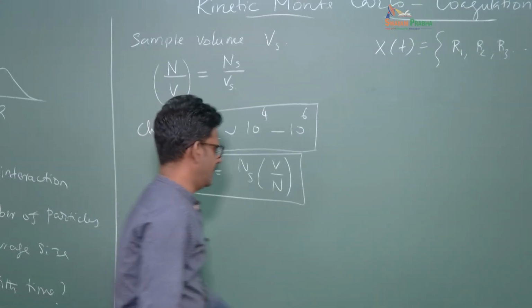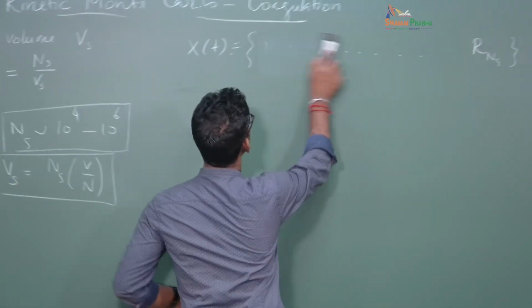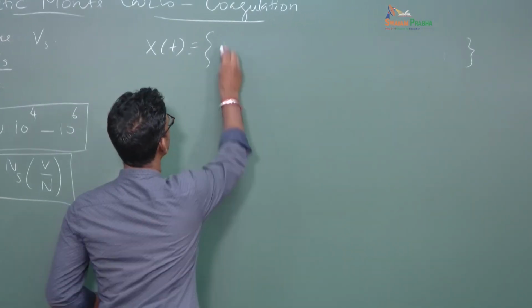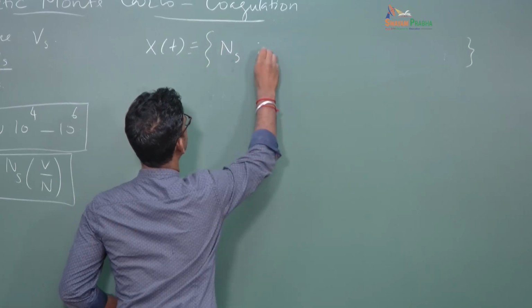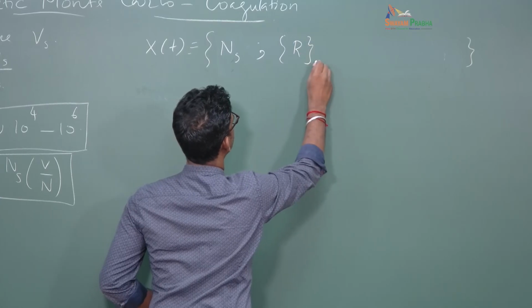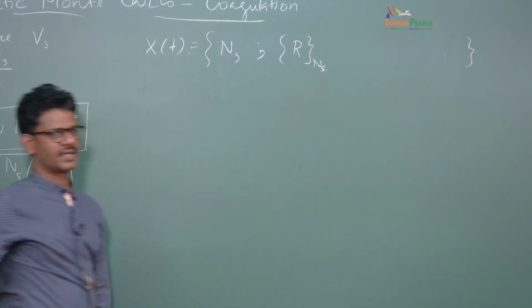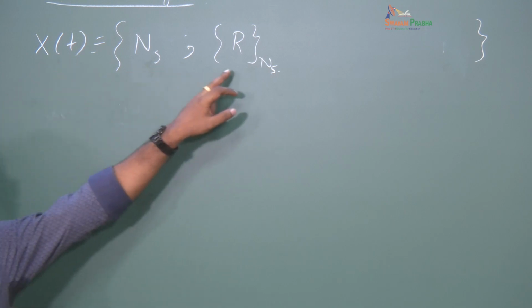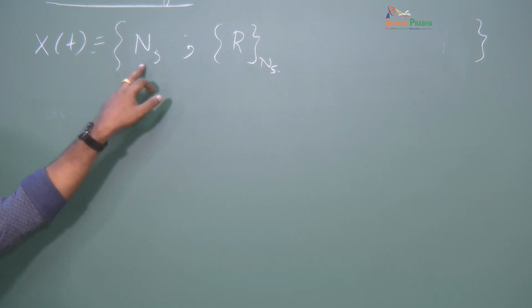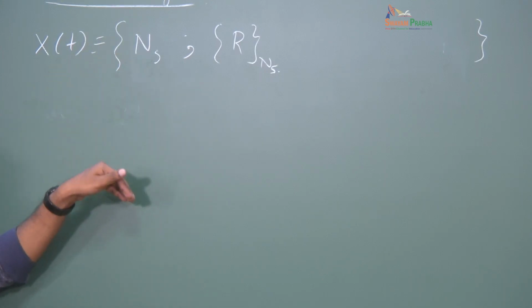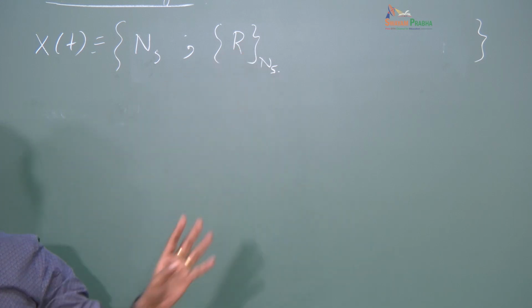In other words, we can also say this as simply ns and then the sizes of all ns particles. So I can define my state variable as the number of particles in the system and all their sizes. This becomes a random variable. To start with, you have ns and then it will become ns minus 1, ns minus 2, etc., and correspondingly their respective sizes also.